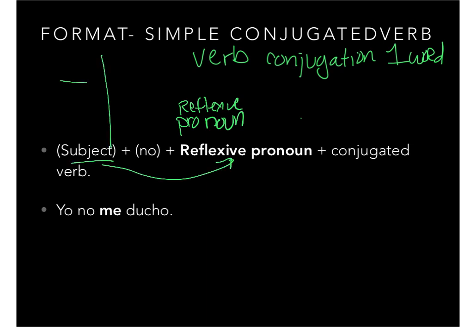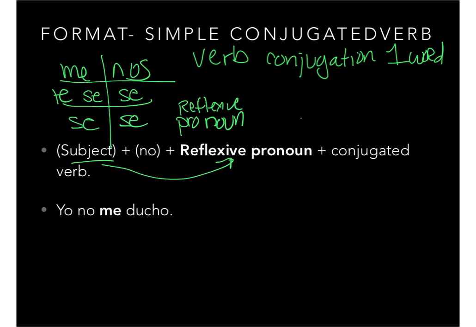So when you're looking at your table, it's going to be me, nos, te, or se. Okay, so if your subject were él or ella, your reflexive pronoun would be se. If your subject were nosotros, your reflexive pronoun would be nos. If your subject were ustedes, your reflexive pronoun would be se. Okay, so step one, choose the correct reflexive pronoun. Start off with that. Okay, you're going to have that first thing on your verb.